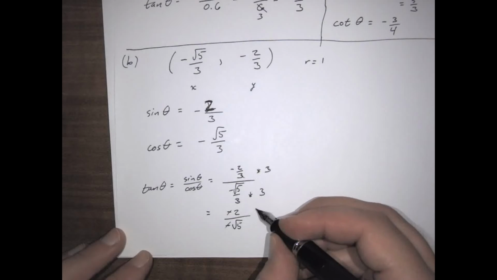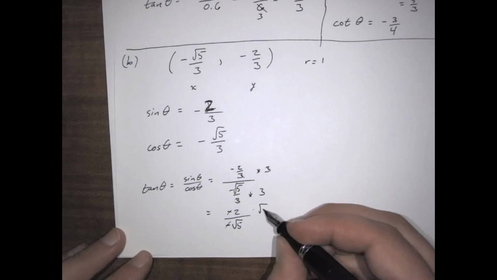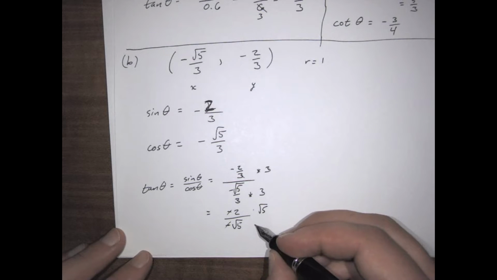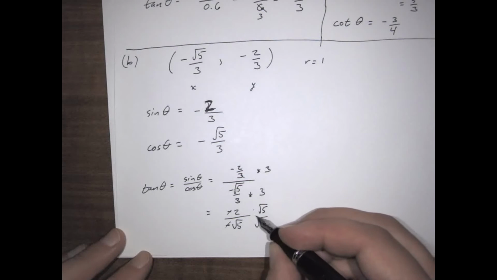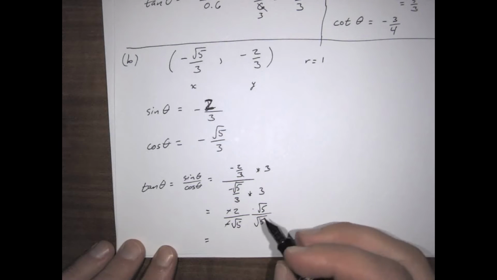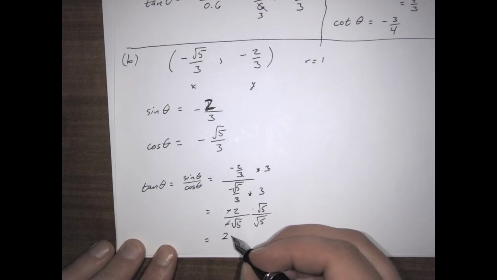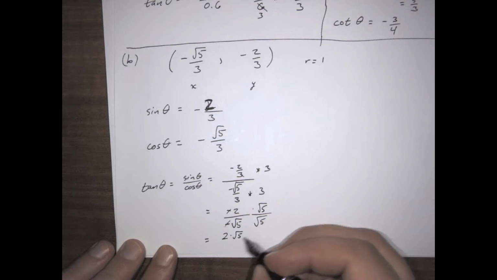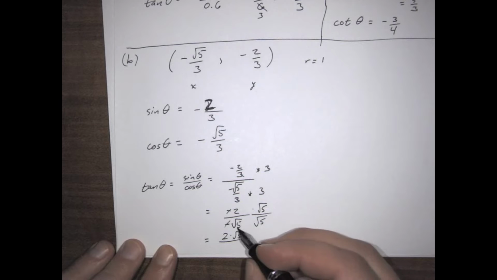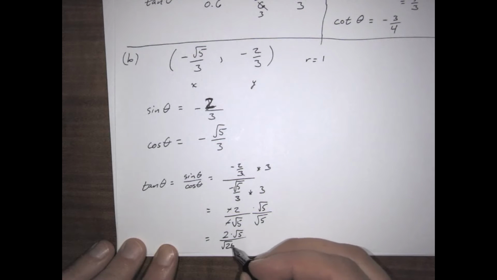So, here we go. What we can do with this is we can multiply the top and the bottom by root 5. This is how we rationalize the denominator. Okay, well, let's see how this plays out. This is 2 times root 5 divided by root 25.